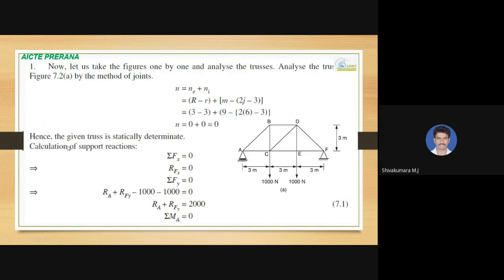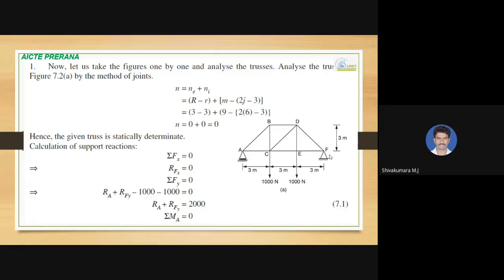And then for the analysis part, first we need to determine the support reactions. In this truss, at A it is a roller support, at F it is a hinged support. So at A only one reaction will be offered by the support, vertically up. We can call it RA. At joint F, two reactions will be there.